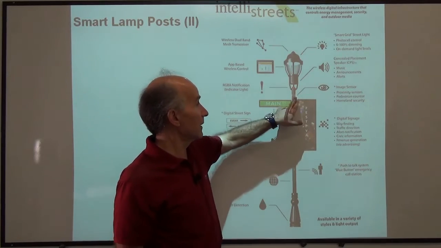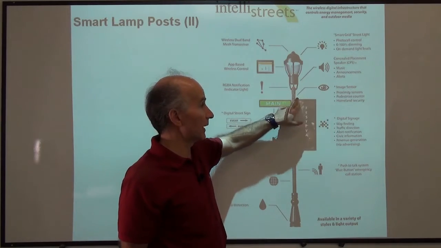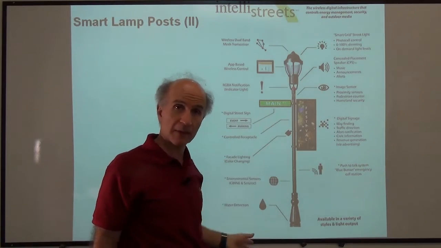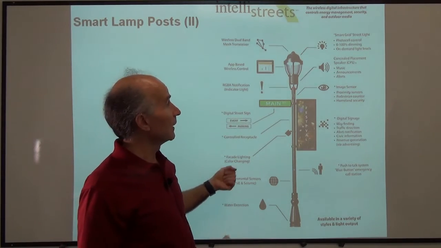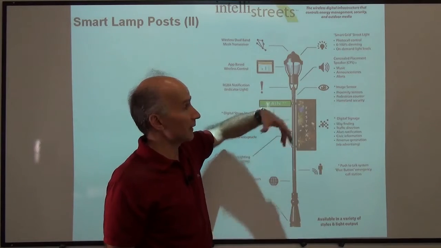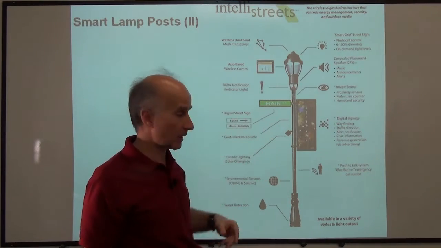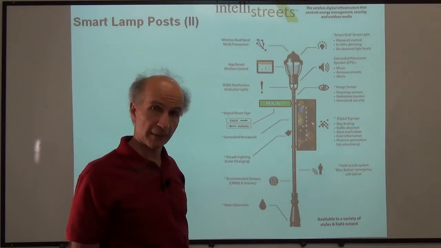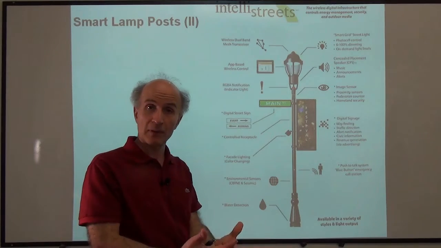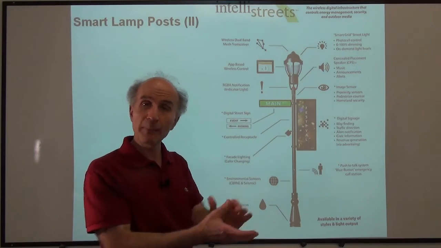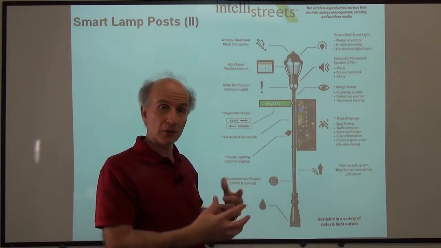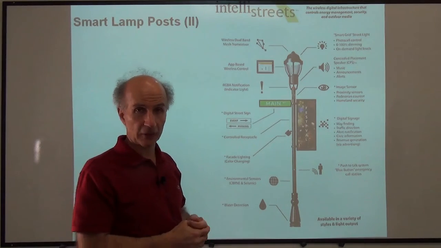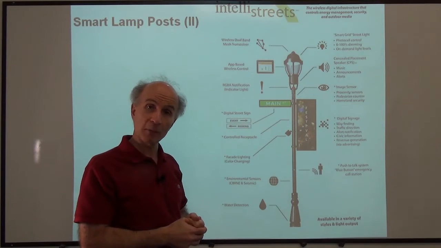We can have image sensors that detect, for example, if there's a pedestrian in that vicinity, and even for security purposes. We can have speakers that broadcast music or announcements, and many other devices. So lampposts, these simple old lampposts, actually hold a great potential for many interesting devices that we can attach to them. Isn't that beautiful?